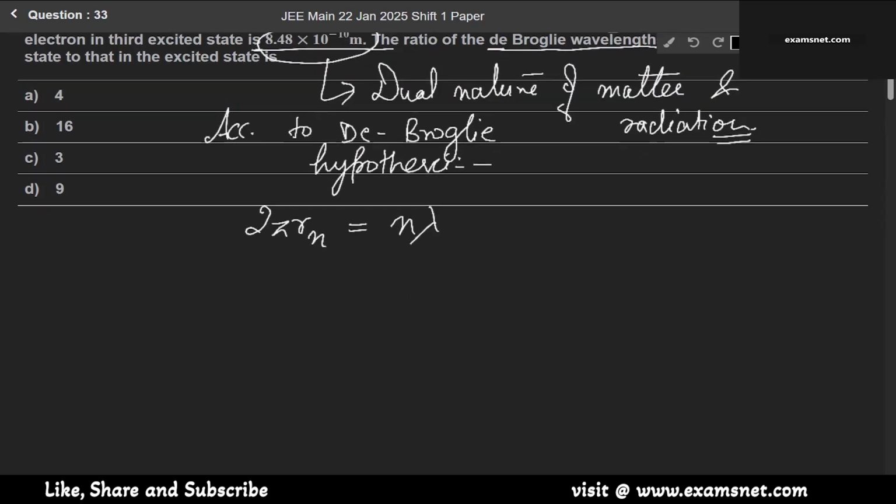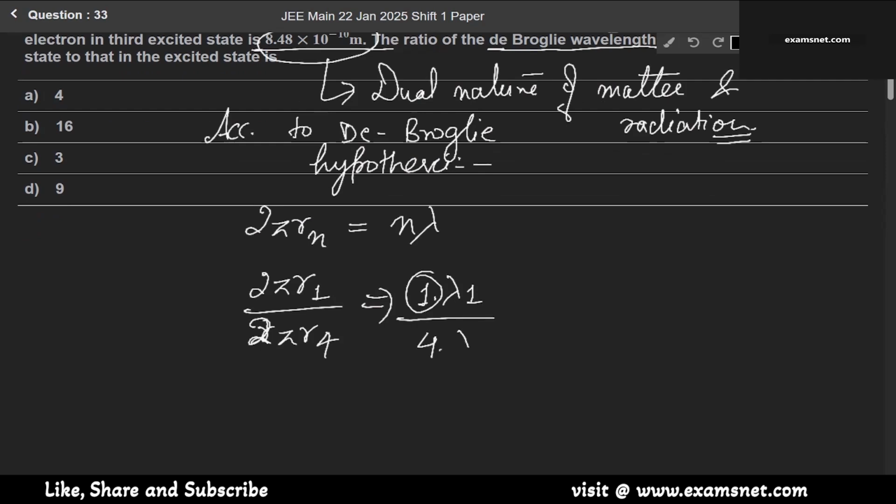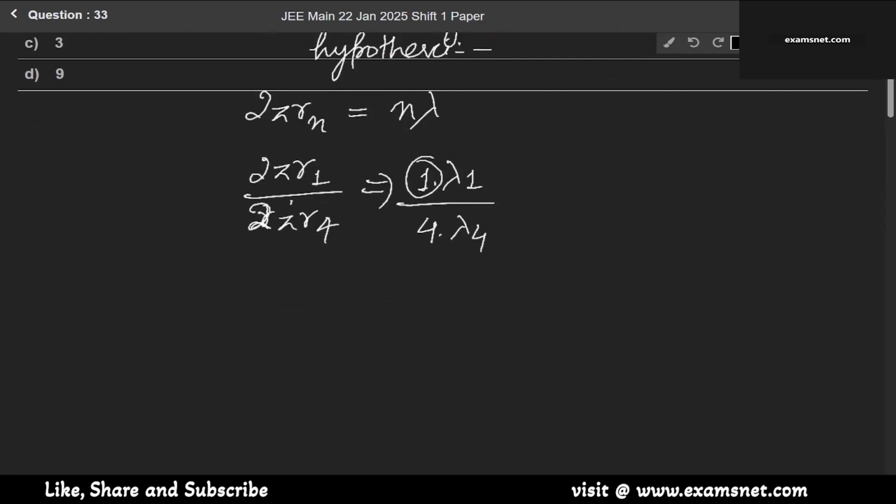We can write for both the ground state as well as for the fourth excited state: 2 pi r1 equals 1 into lambda 1 for the ground state, and 2 pi r4 equals 4 lambda 4. Now solving, 2 pi cancel out each other. So lambda 1 over lambda 4 will be equals to 4 into r1 over r4.